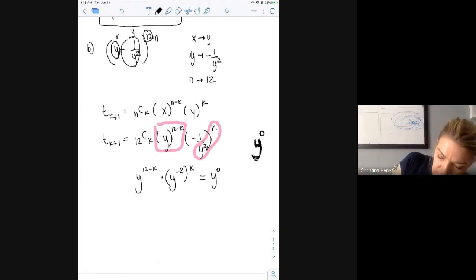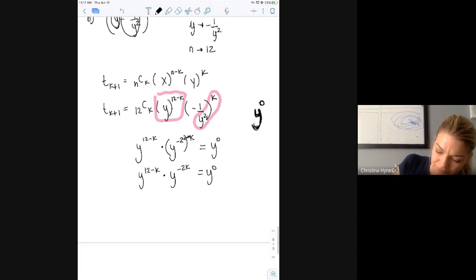So now it's just about putting these guys together by multiplying. So we have y to the power of negative 2k equals y to the 0. Now, remember how whenever you multiply two bases that are the same, you write it as one base and then you add the powers. So I'm adding negative 2k. So it doesn't change the sign.